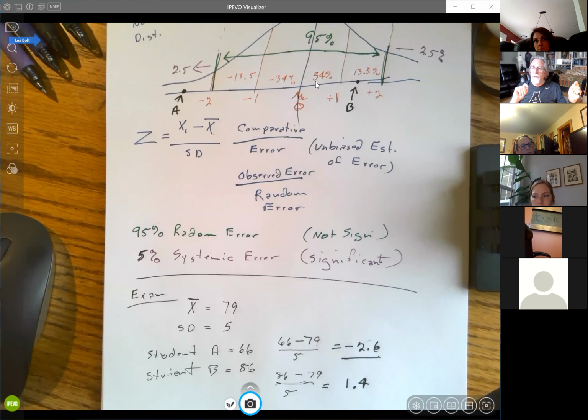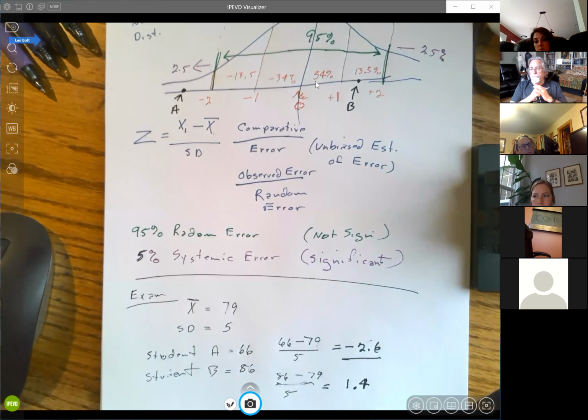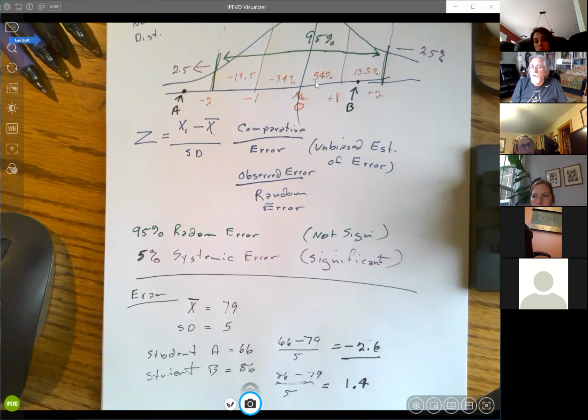And not only lower, but significantly lower. Student B, on the other hand, with a value of 1.4, scored within the range of random error for the class. And so their score is not significantly different than the rest of the class.